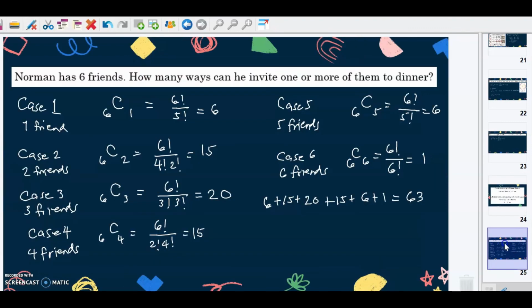Applying it to this problem, our n is equal to 6 since Norman has 6 friends. So the total number of ways he can invite one or more of his friends to dinner is 2 raised to 6 minus 1, which is 64 minus 1, which is 63. Either way will work as long as your solutions and your formula are correct.